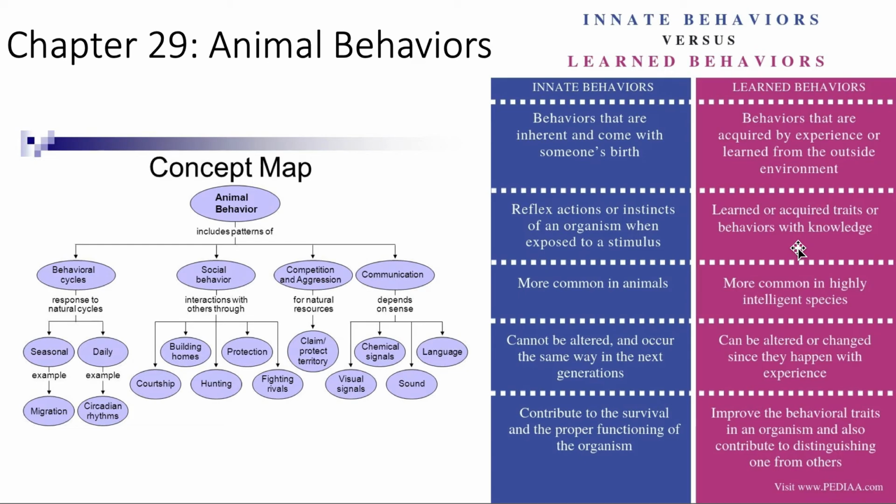You have operant conditioning, where there's some sort of reward for some sort of behavior. An example of that would be if you give a dog a treat if it sits or does something like that, the dog's going to want to continue to do that until it gets a treat all the time.